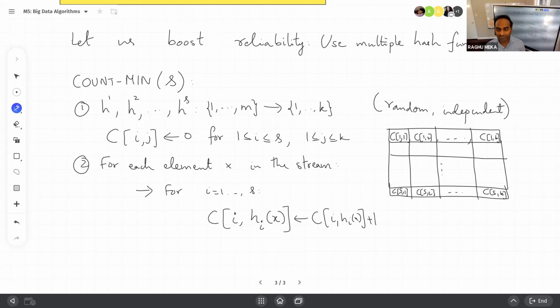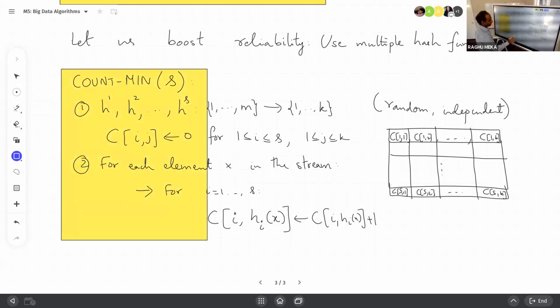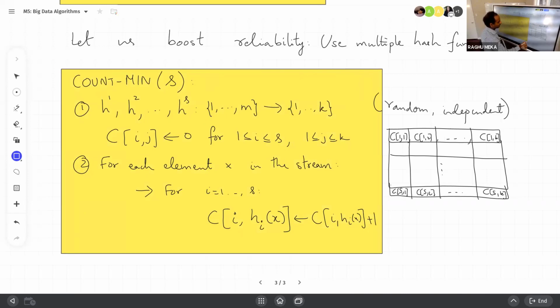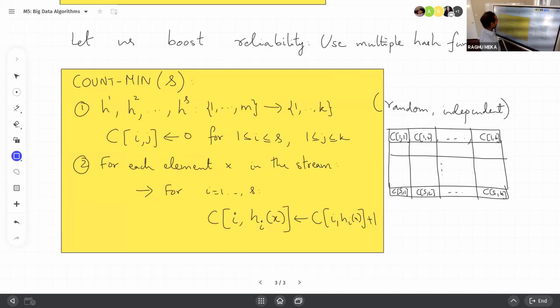Right? That makes sense? Okay. So this is the part of the algorithm that processes the stream. Okay, so that much is kind of fine.